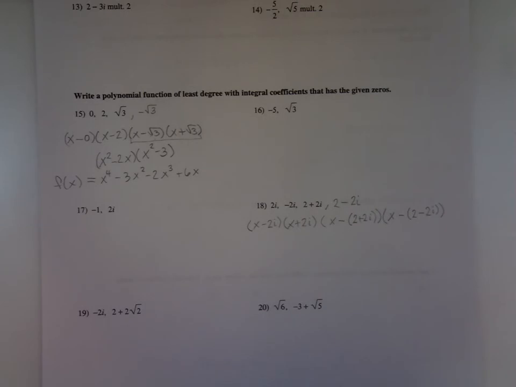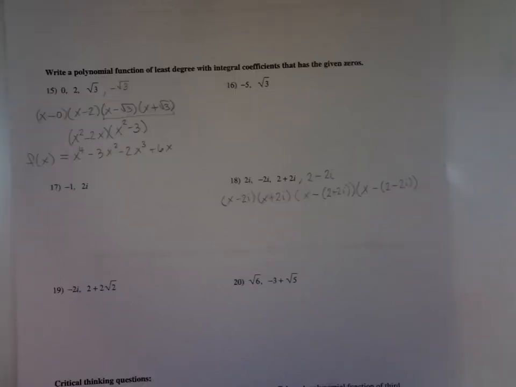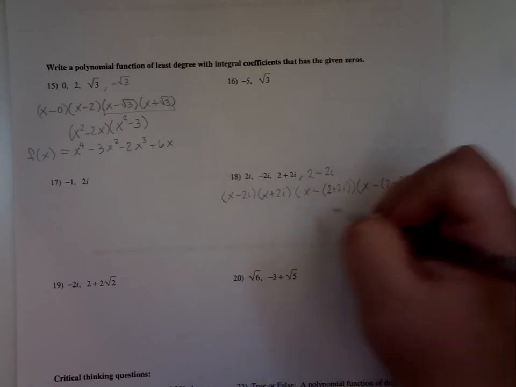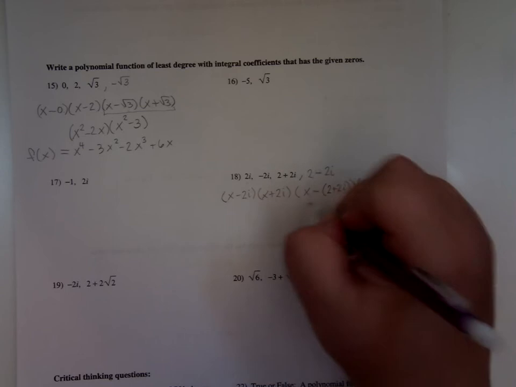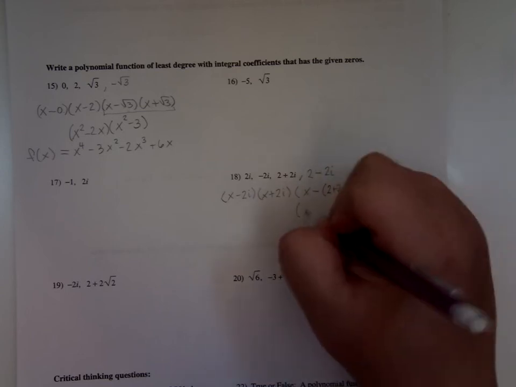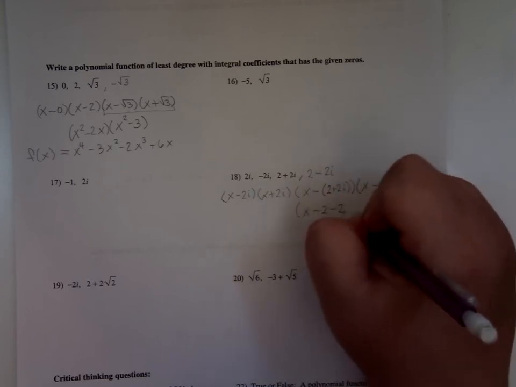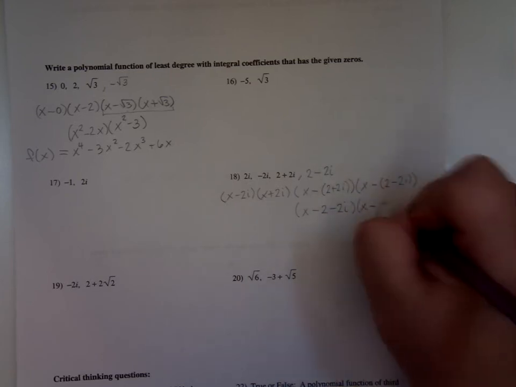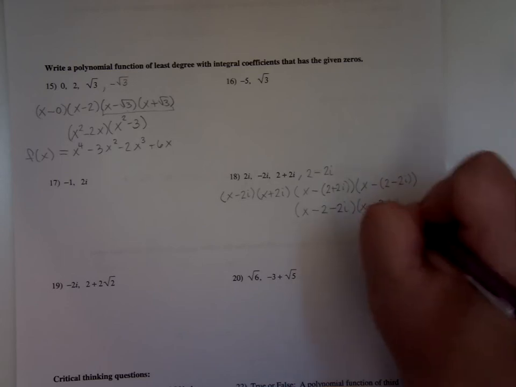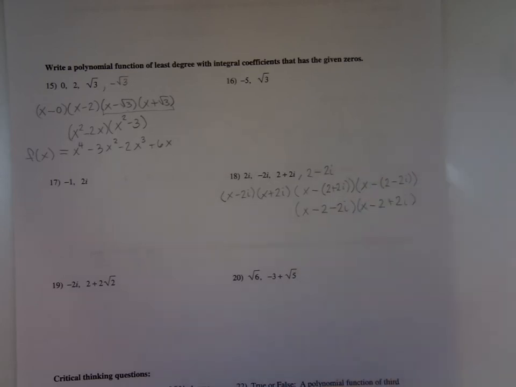So those second two look a little tricky. Let's work with them first. So this is x minus 2 minus 2i, and this is x minus 2 plus 2i. So all I did was I just distributed those negative signs, and now I'm going to regroup.